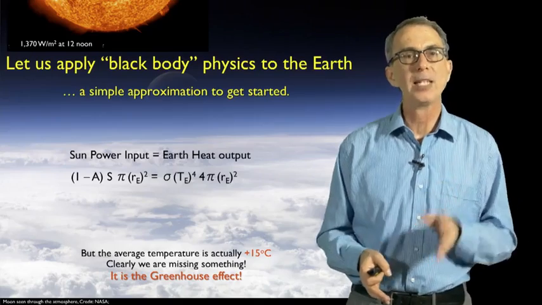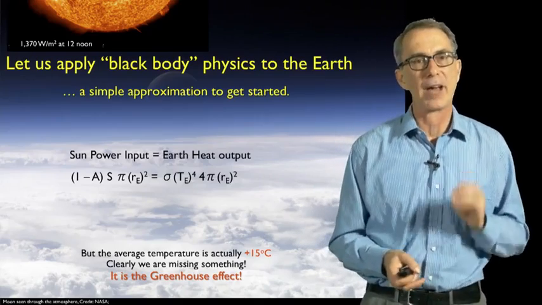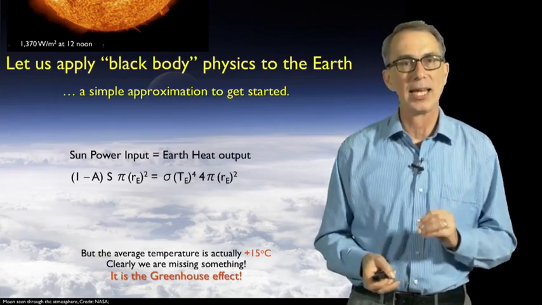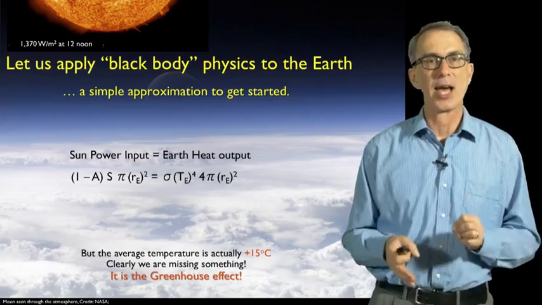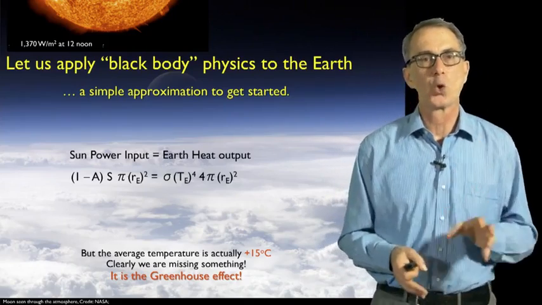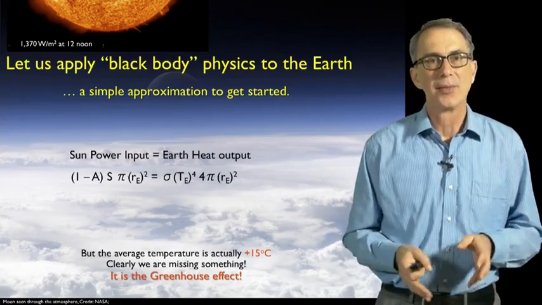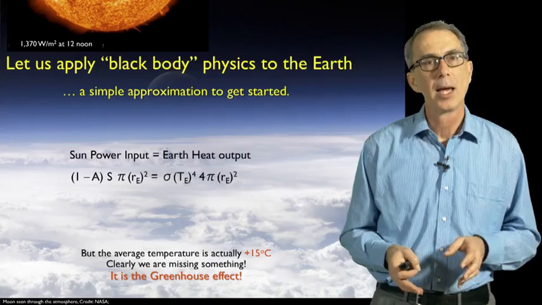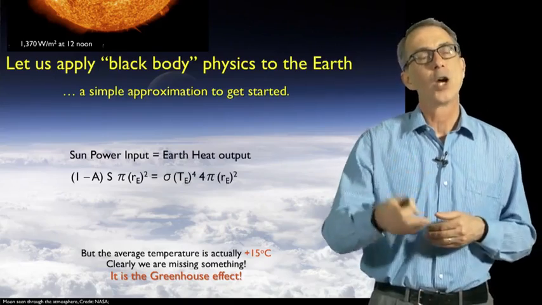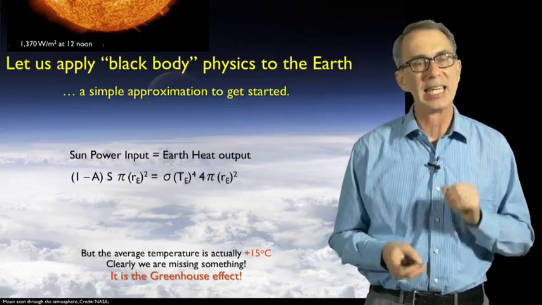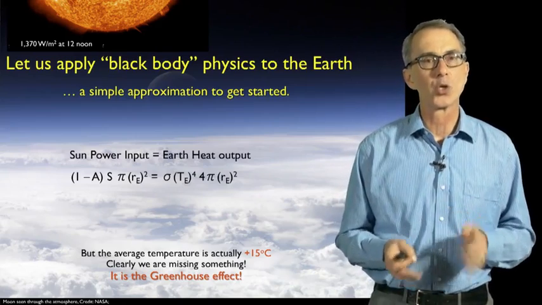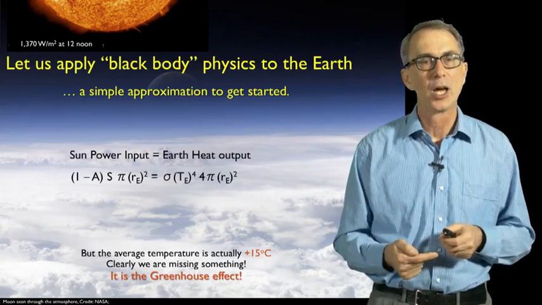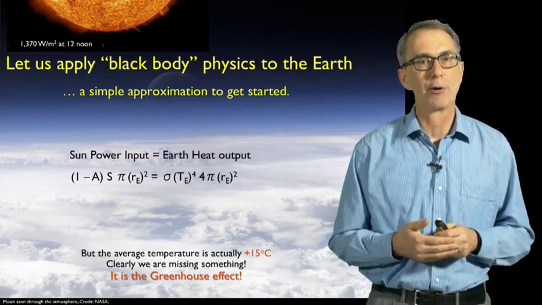For an albedo, or reflectivity, of A, the amount of sunlight absorbed is 1 minus A. The intensity of the sunlight at the top of the atmosphere is called S, and that's about 1,376 watts per square metre. Then we have to work out the cross-sectional area of the Earth that's going to absorb sunlight. Effectively, that's a disk, which is the cross-sectional area of the Earth.